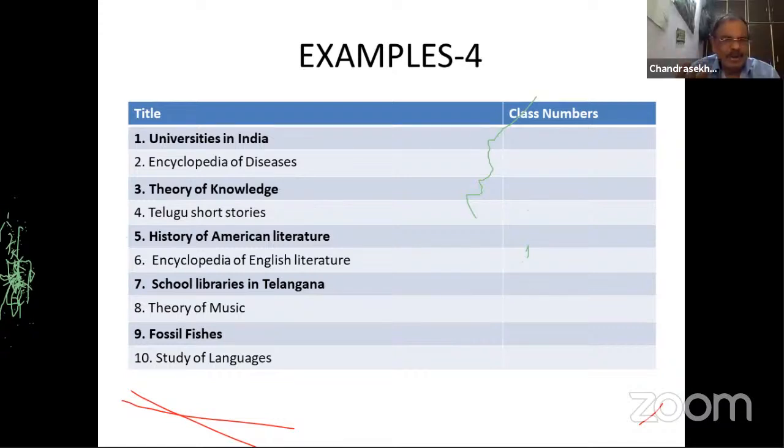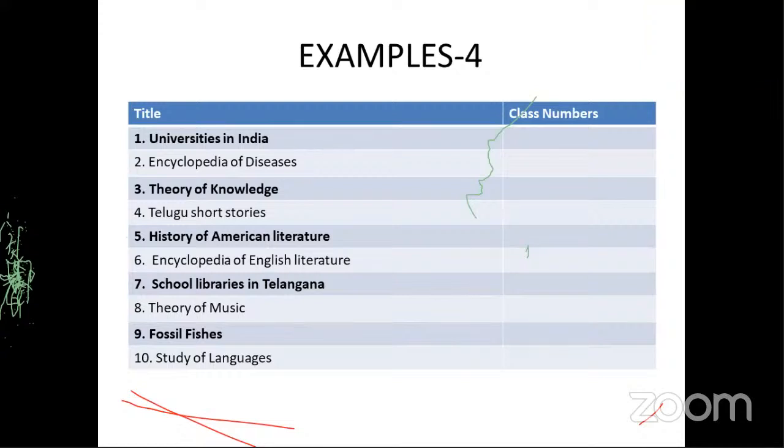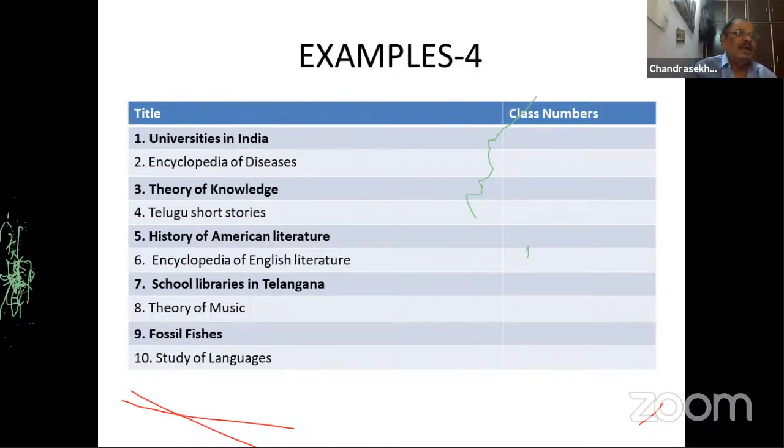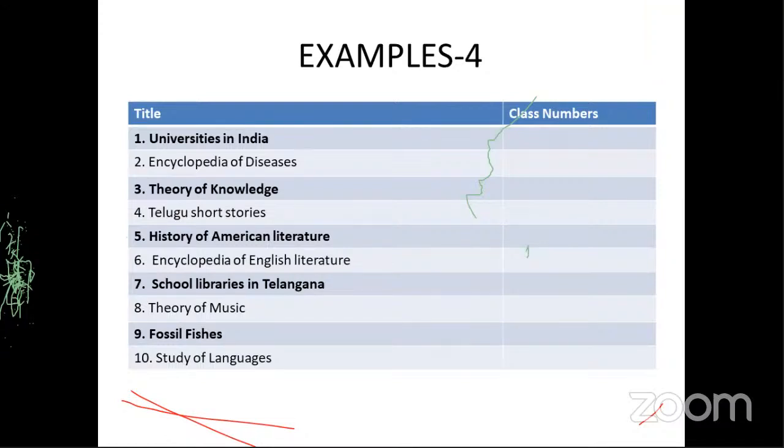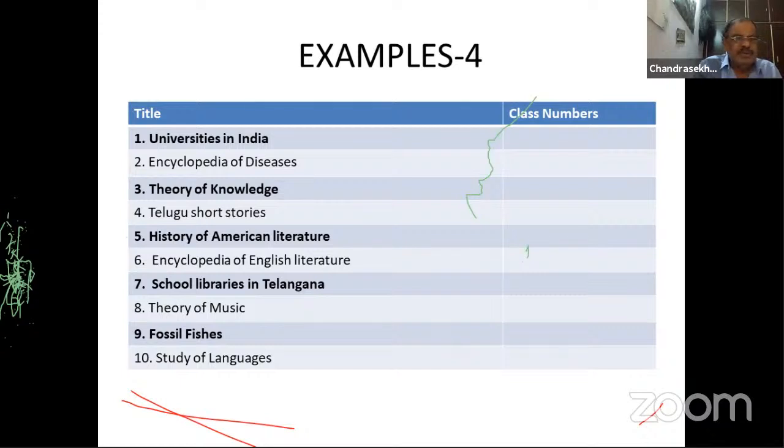So poetry or drama or a novel or short stories, all are creative works. So they come under literature only. What is the Telugu number for literature? 894.827.